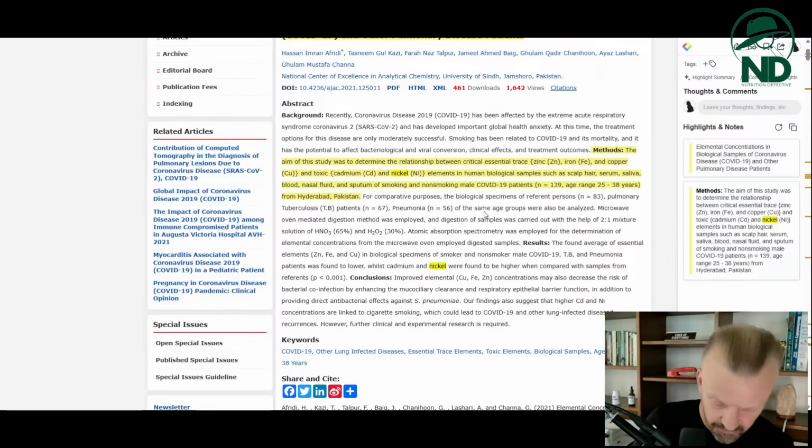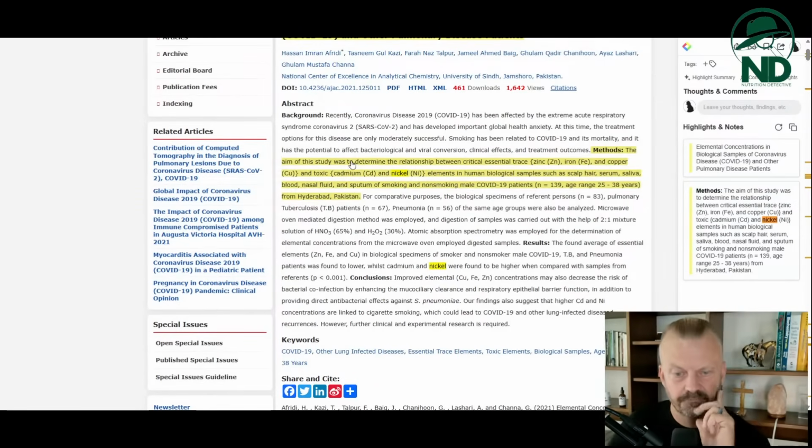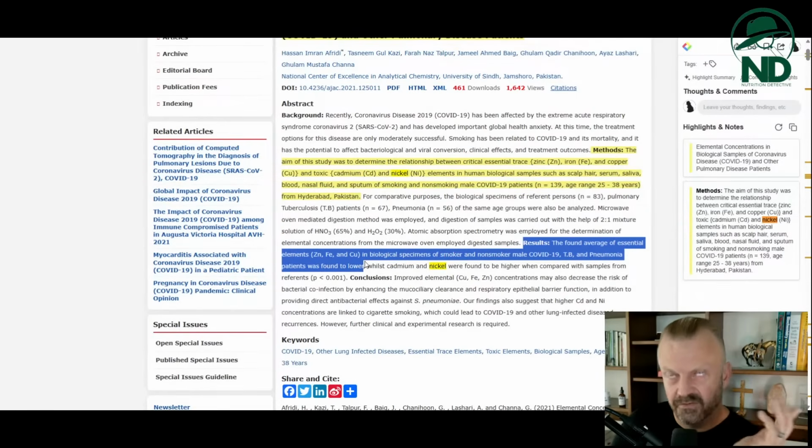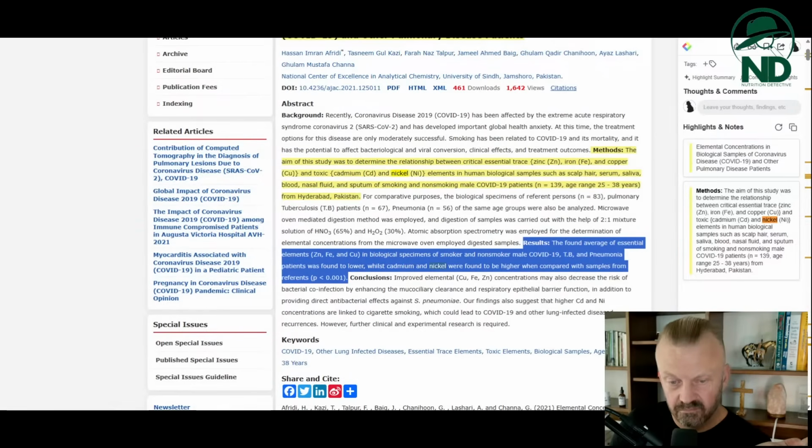Let's just find nickel in there. They found the average of essential elements, zinc, iron, and copper in biological specimens of smoker and non-smoker male COOF, tuberculosis, and pneumonia patients was found to be lower. Wow, they found lower zinc. Shocking. Whilst cadmium and nickel were found to be higher when compared with samples from reference.